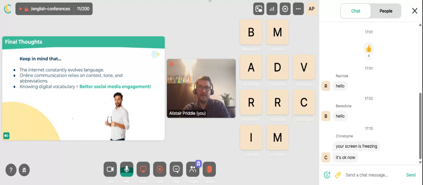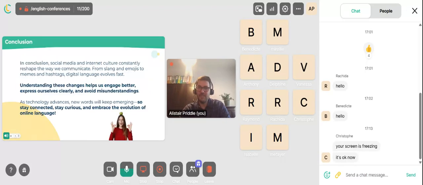Okay, well, let's have a look at our conclusion for today before we finish. So in conclusion, social media and internet culture constantly reshape the way we communicate. From slang and emojis to memes and hashtags, digital language evolves fast.